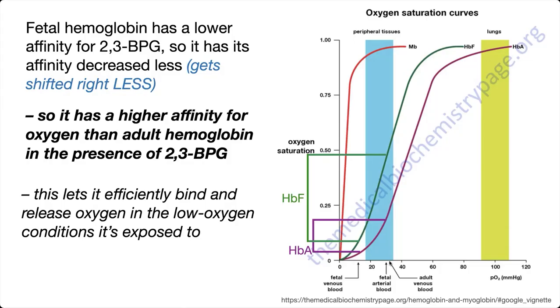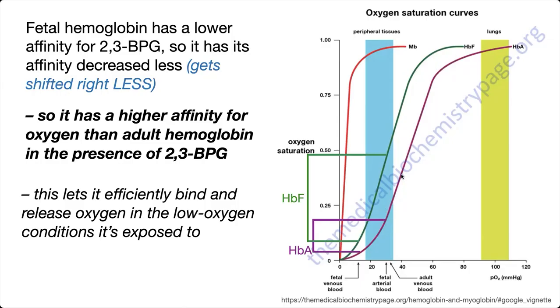So adult venous blood, this is what the fetus is going to be seeing, and that's going to be after it's already basically been used up by the mom. So the mom goes and they take their share. And now there's still this little bit left over. And so now we've got to say, okay, can the baby take that? And in order to take it, you need to have a high affinity. And if you had a lower affinity, you wouldn't be able to take it.